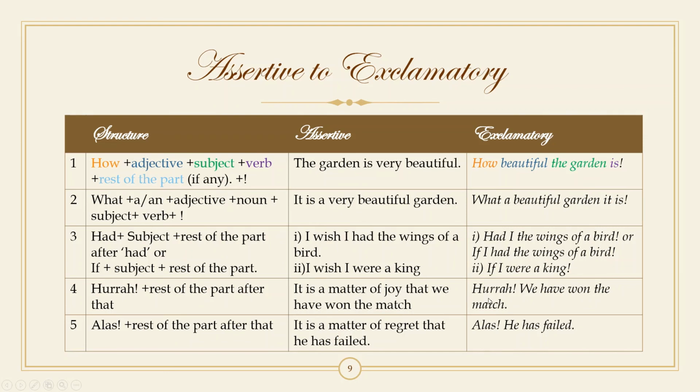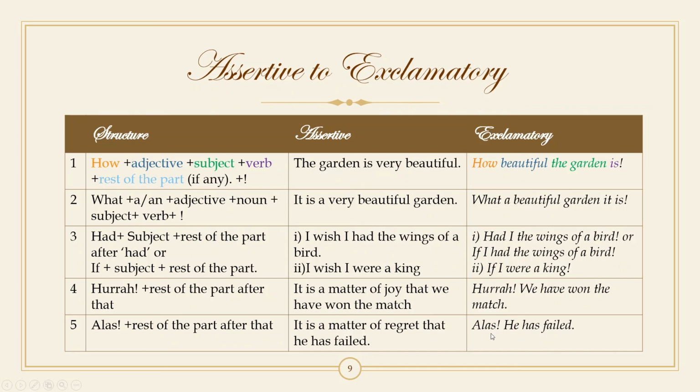That's why the exclamatory form uses this exclamatory word, hurrah. And in the case of it is a matter of regret, the exclamatory form contains this word alas, because regret means sorrow, sadness.